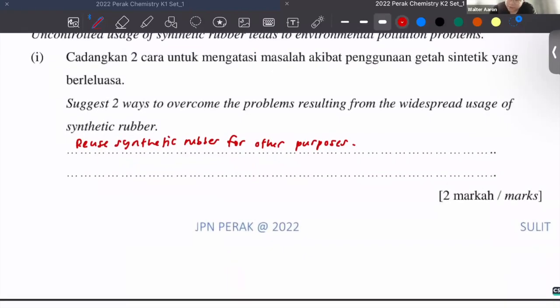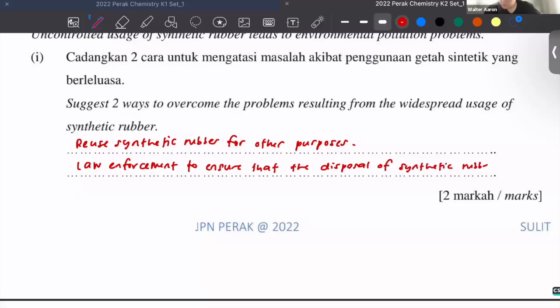So you can say here, law enforcement to ensure that the disposal of synthetic rubber is properly done. So that's 2 marks as well.